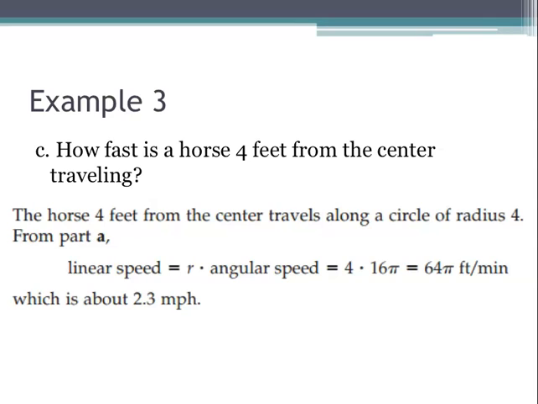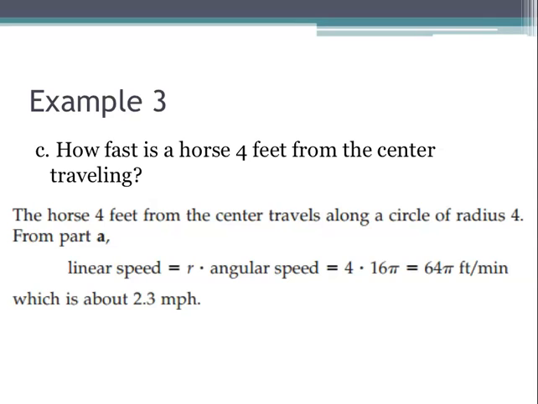Okay, so comparing this to part B, in part B, you were 12 feet away from the center and you traveled about 6.9 miles per hour. If you were closer to the center, we found that you travel about 2.3 miles per hour. So you have an idea, at least in terms of linear speed, exactly how fast you're going, right? So linear speed, the closer you are to the center, the slower your linear speed is.